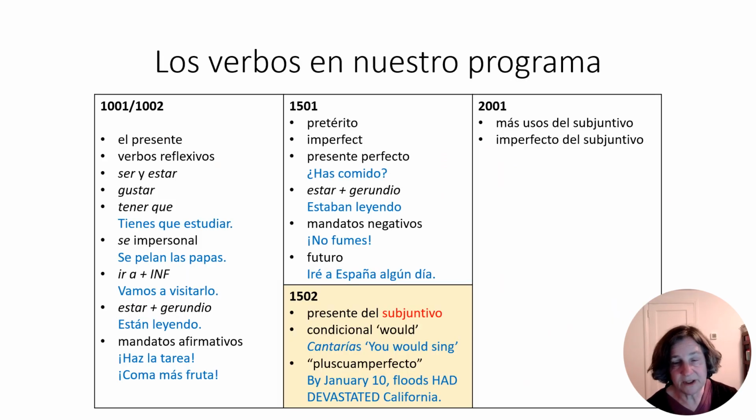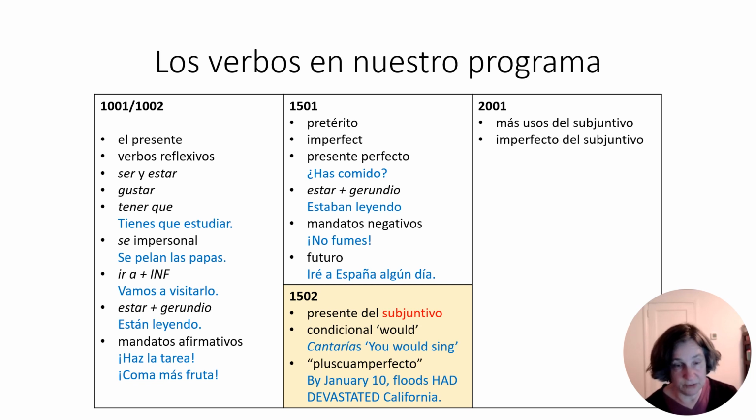To wrap up this video, I thought it might be helpful for you to see where these past tenses fit in the overall scheme of all the different verb forms that you're learning when you learn Spanish in our program and also more generally. So in 1001 or 1002, look at how much you've already learned. You learned the present, including reflexive verbs, ser and estar, gustar.